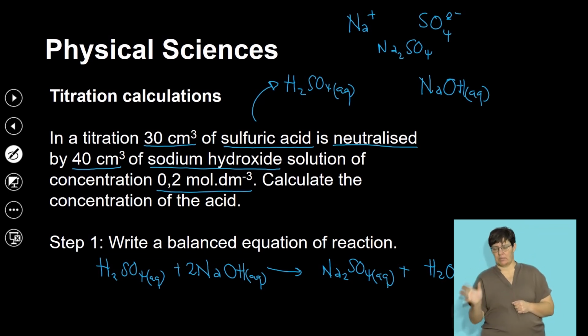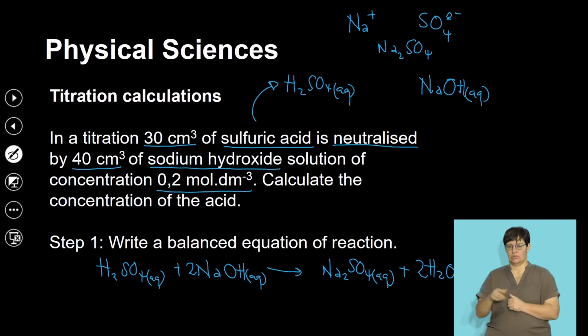So it means we need a 2 there, right? Let's check the oxygen. It's 4 plus 2, which gives us 6. We've got 4 plus 2. Now the equation is actually balanced. So what does this tell us? It tells us that the stoichiometric ratio is 1:2, the acid-base ratio. This is what we are particularly interested in, right?